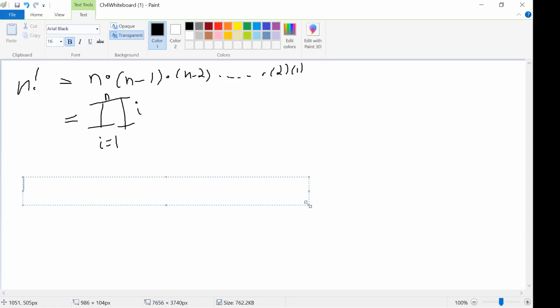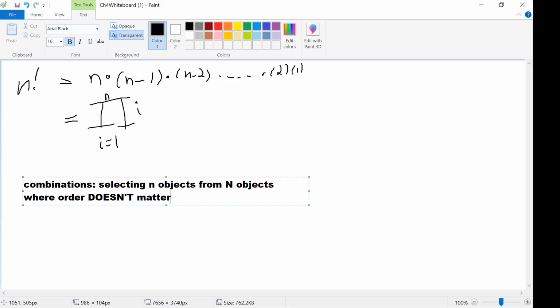So we select n objects from N objects, lowercase n versus uppercase N. It is always implied that lowercase n is less than or equal to uppercase N, because you can't select 10 objects from 9 because you don't have 10 objects. You only have 9.